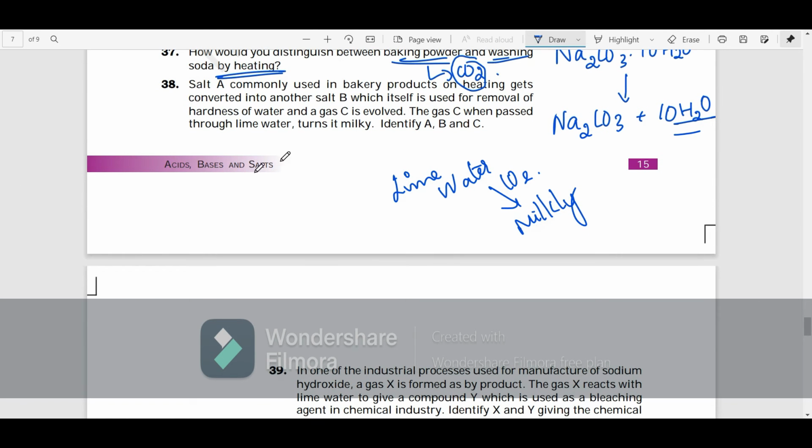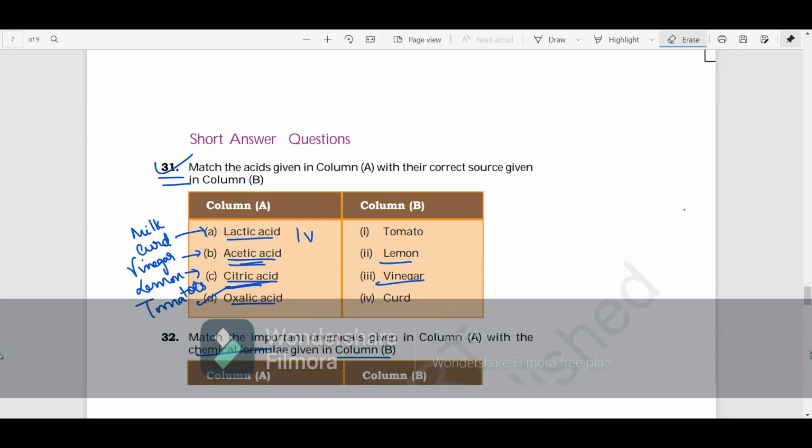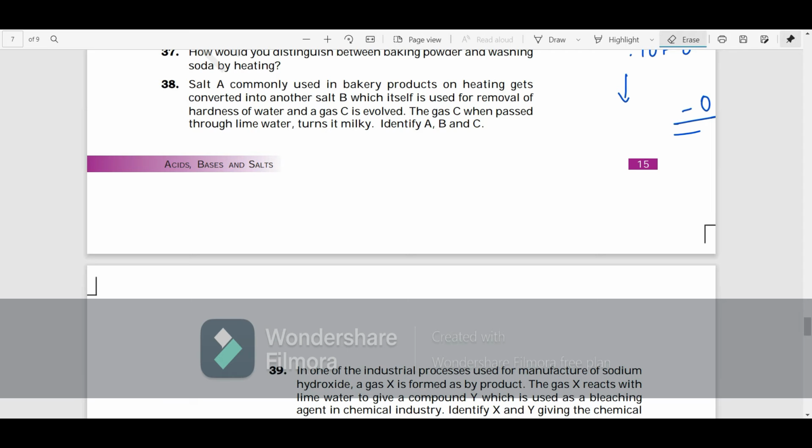Next, the 38th question. Salt A, commonly used in bakery products, on heating gets converted into salt B. Salt A, commonly used in bakery products, you can directly write as baking soda.